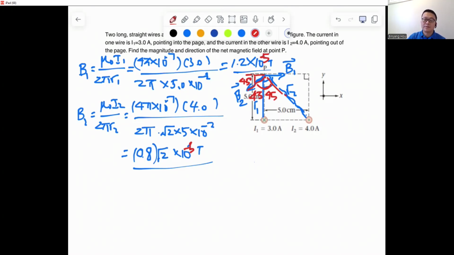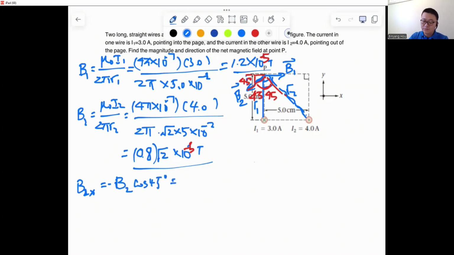So for B2 x, B2 of x, it's 45 there, so it's cosine. So it's B2 cosine, but it is pointing in the minus direction, so minus B2 cosine of 45 degrees.